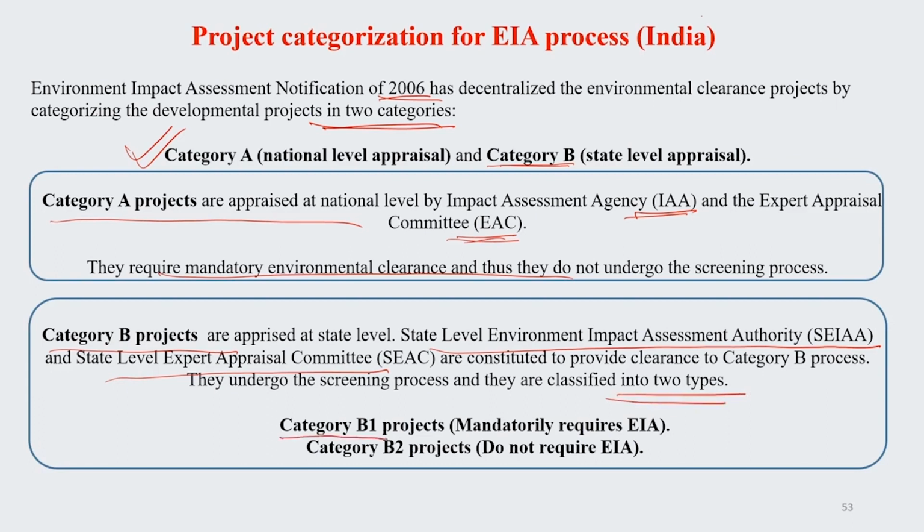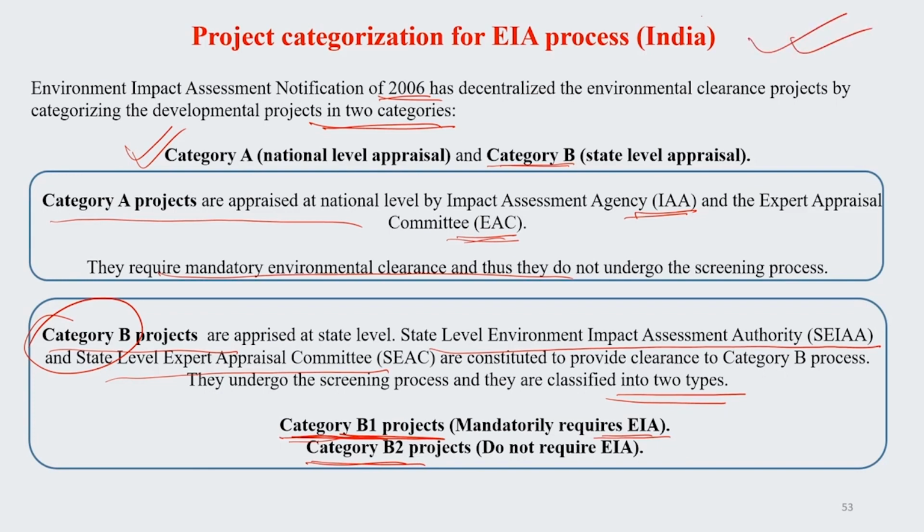Category B1 type of project mandatorily requires EIA. So, category B1 projects under category B must have EIA. For category B2 projects, EIA is not mandatory. So, this particular slide has a lot of information for all of you, right.